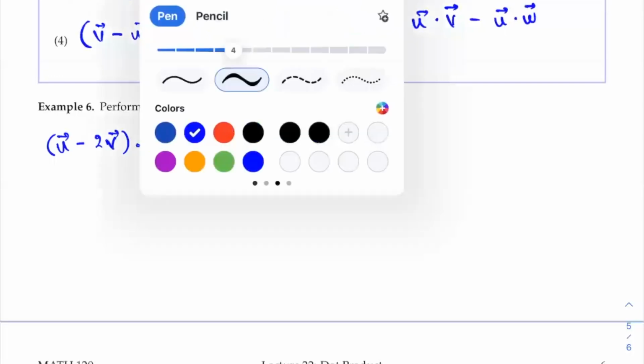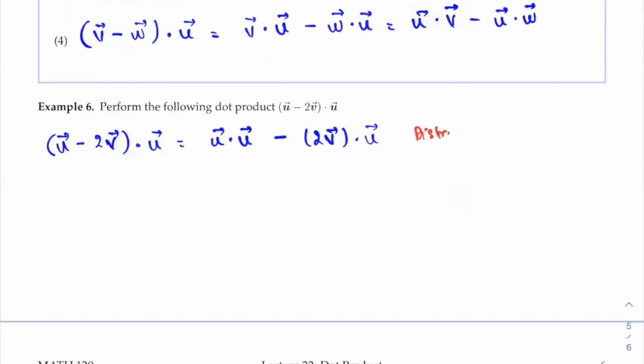What I did is I used the distributive property. Now u dot with itself is going to give you the norm of vector u squared, and I'm going to break the parentheses for the second term. That's the result.